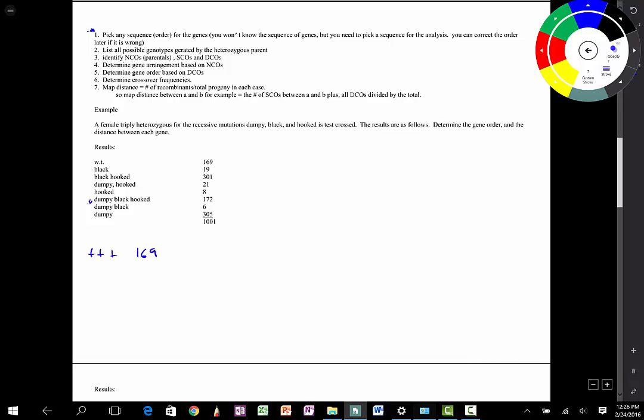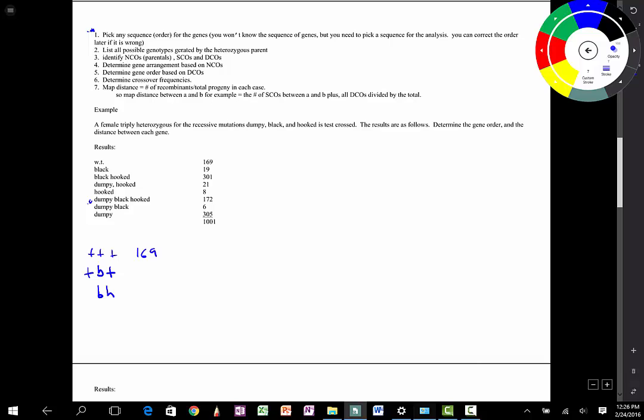And we could actually reorder them if we really wanted to, but I'll leave the order the way they are right now. And then we've got black, and this is saying that black's in the middle, even though we don't know black's in the middle. We just want to keep the order. So our order is dumpy, black, hooked. And then the next one is black and hooked.